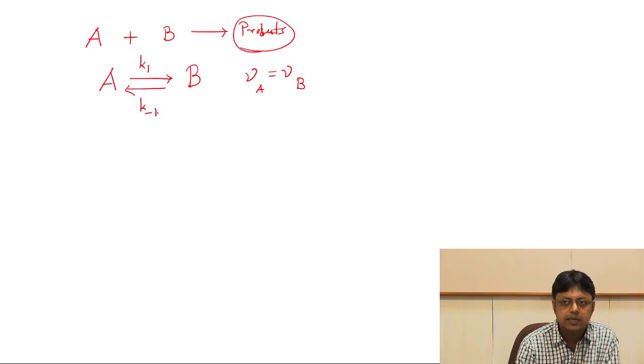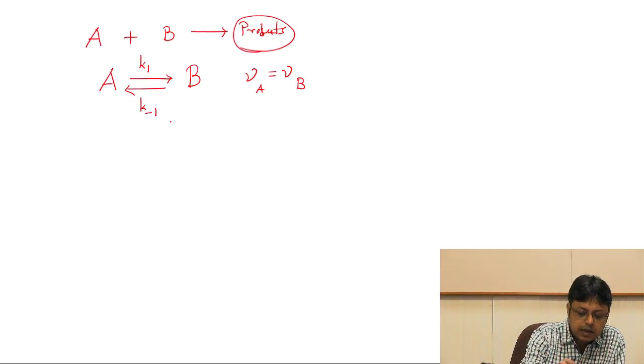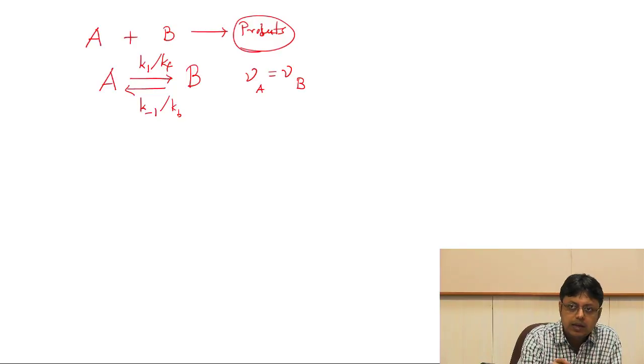Some textbooks write it as K2, but we are just using the minus notation. So K minus 1 is basically the rate constant for the reverse reaction or the backward reaction. Sometimes we write it as Kf, the forward rate constant, or the rate constant for the forward reaction, and the backward rate constant, sometimes written as Kb or Kr for the reverse reaction.